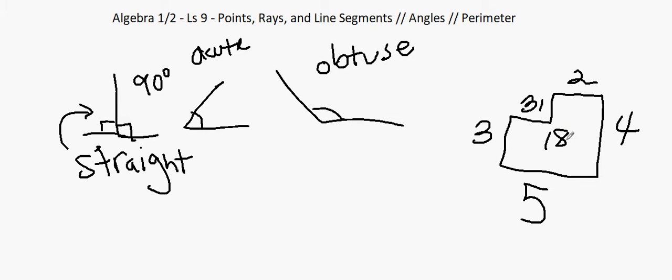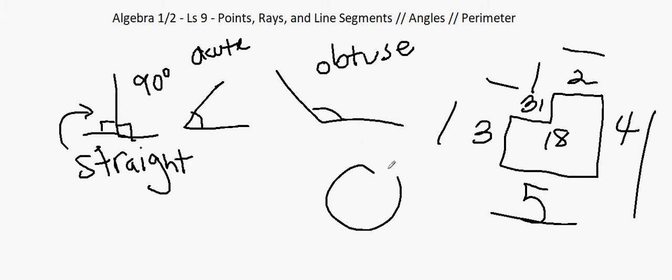Don't mix it up with area. Perimeter is the length of all the sides added up. Distance around. We can do it with circles, right? Call it circumference. We can do it with any shape that's a closed figure. A polygon, yeah, polygon has sides.